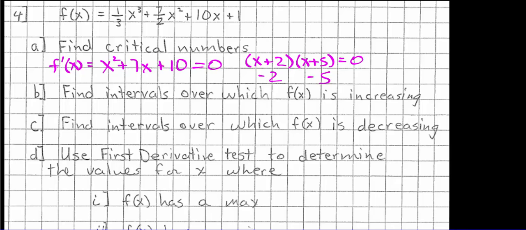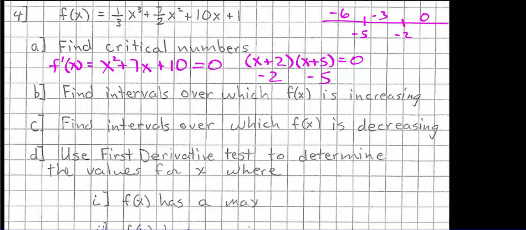Now, what I do with that, I use that to divide the number line. So I've got -5 and -2, and I just pick test numbers. So this divides the number line. Everything less than -5, maybe -6. Everything between -5 and -2, maybe -3 is a good test number. And everything bigger than -2, maybe 0.